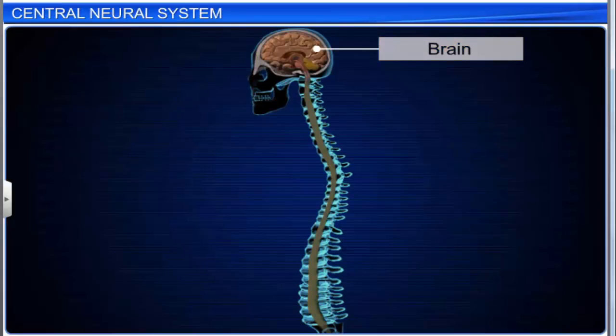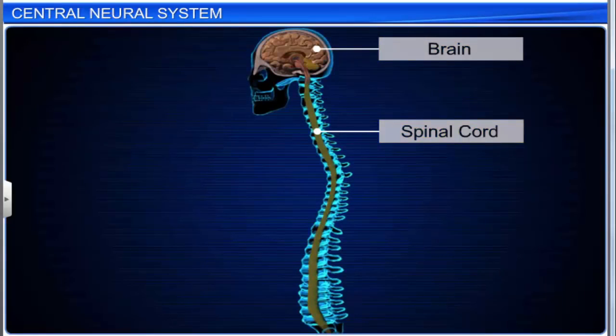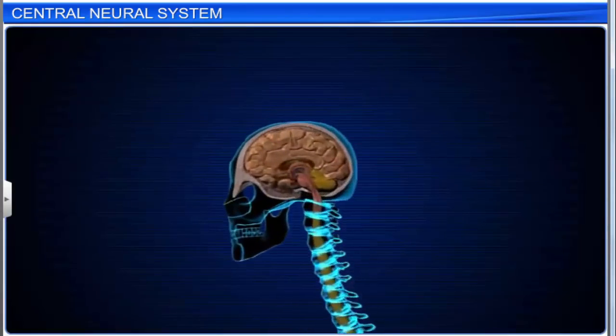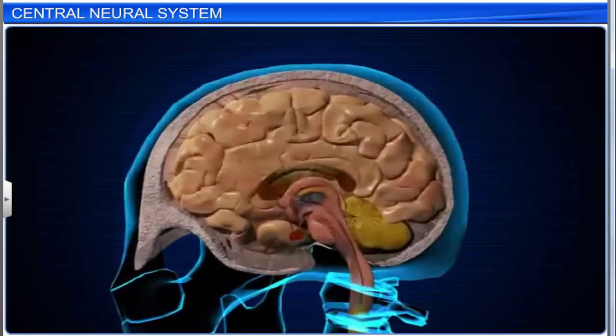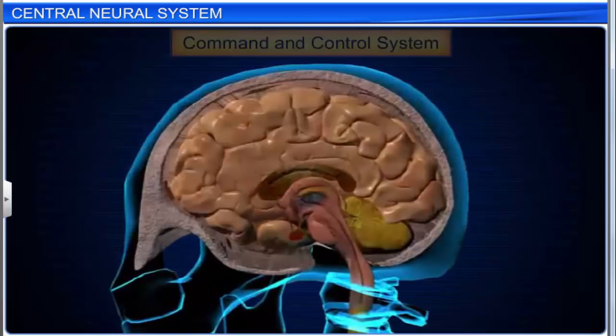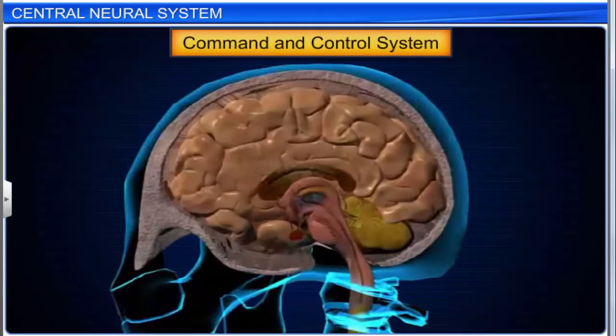The brain and spinal cord are collectively known as the central neural system. However, it does not include muscles and nerves, which arise from the spinal cord and innervate the body. The brain is the central information processing organ of our body, and it acts as the command and control system.